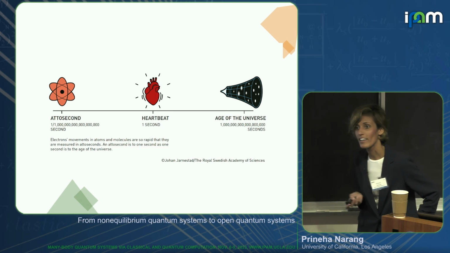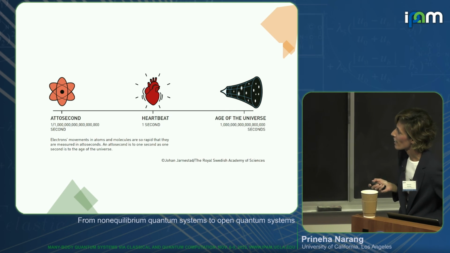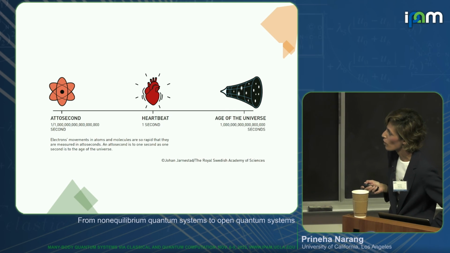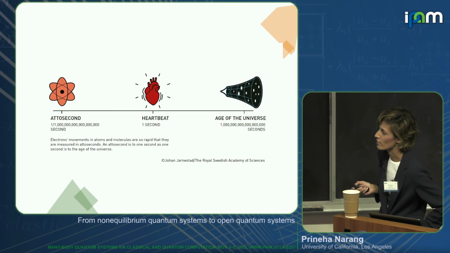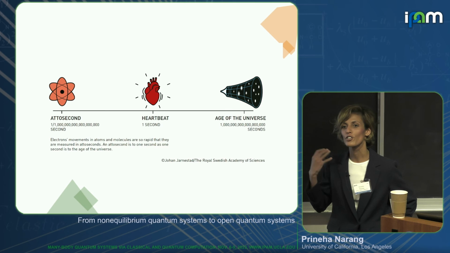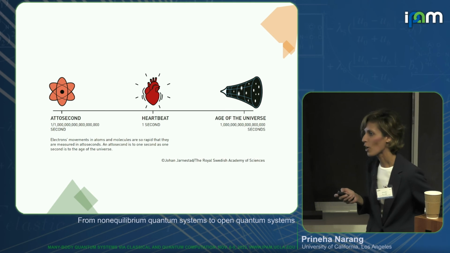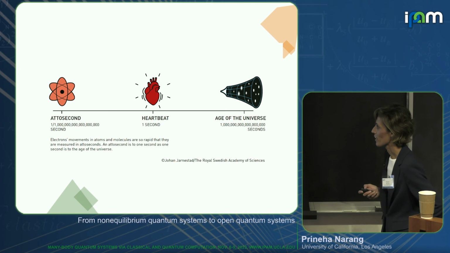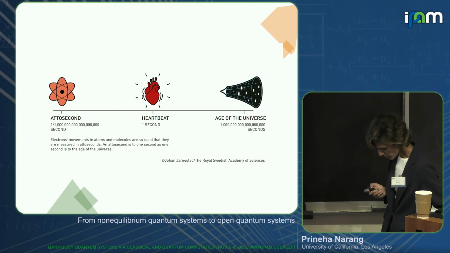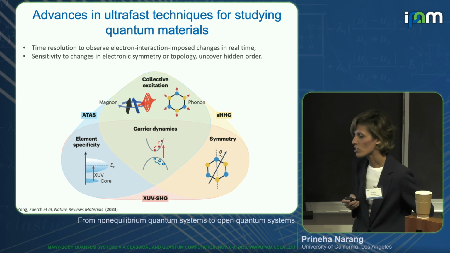Yes, no AI here. So that's about a second, and the age of the universe is about as far away from this timescale as an attosecond is from this timescale, just in opposite directions. So just as you start to conceptualize really how non-equilibrium these systems are, hopefully this is something that helps you keep that in perspective.